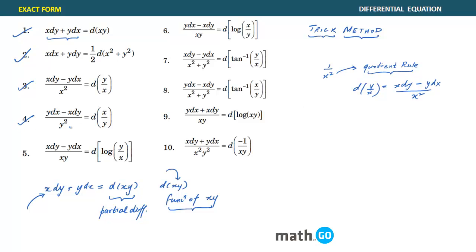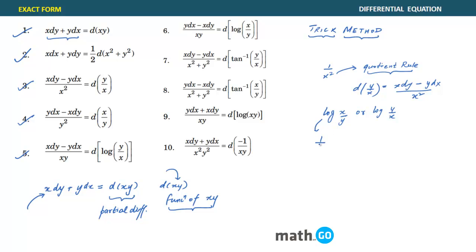If y square is in the denominator, then it will be x by y. If both are in the denominator, when can that happen? Yes, when there is a log: log y by x or log x by y. Now how to determine which log will be used? Let's say I differentiate log x by y.